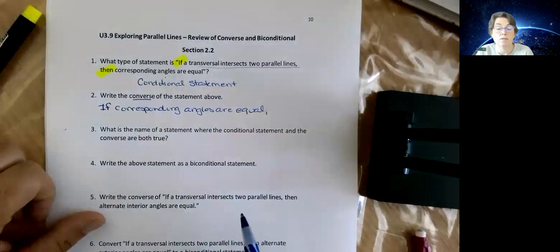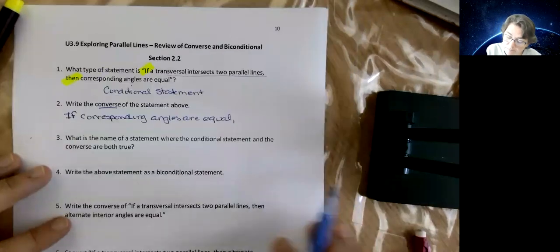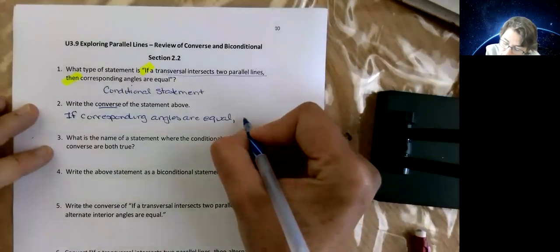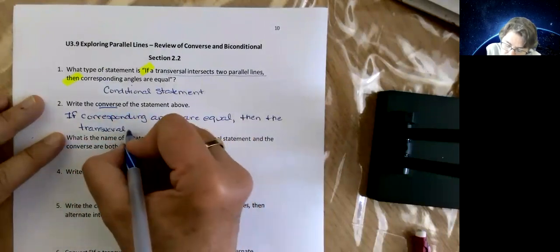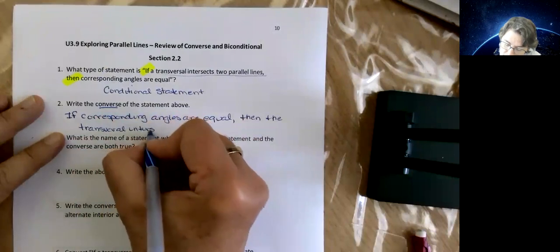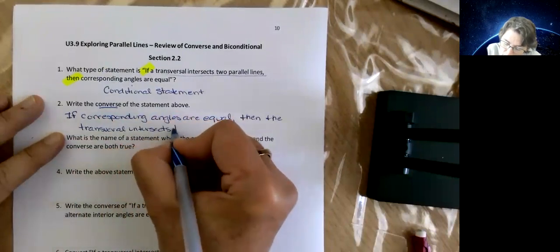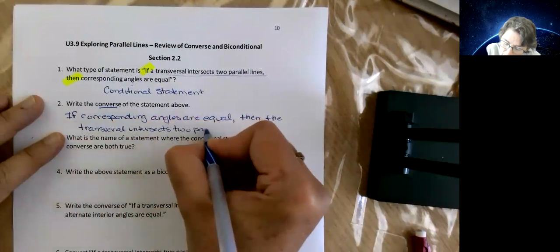When you write the converse, you flip the 2. So your conclusion becomes your hypothesis. So if corresponding angles are equal, then the transversal intersects 2 parallel lines.